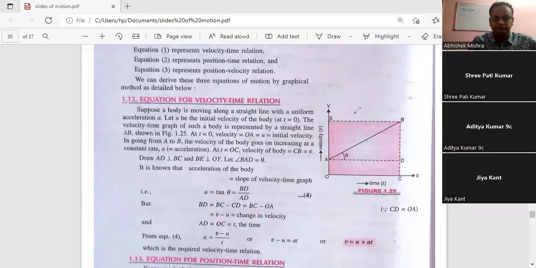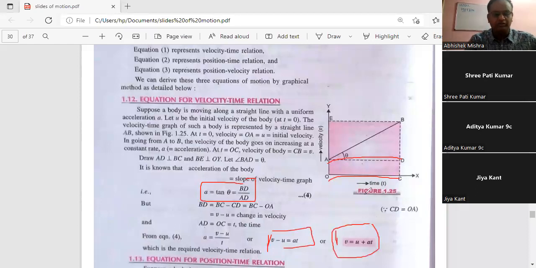And now AD, all of you look at the graph, AD is equal to OC is equal to time T. So from the equation where we have said A equals BD by AD, we will now put the value of BD, which we have got as V minus U, and AD is time T.